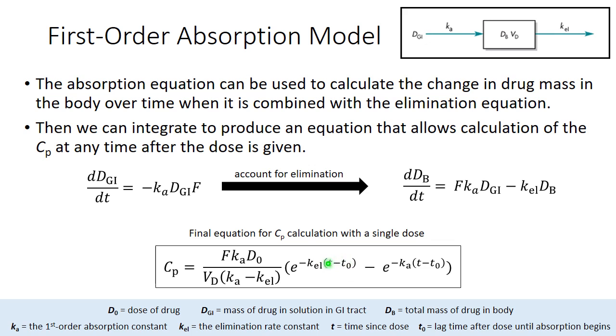That accounts for the lag time, so it doesn't unnecessarily add in the lag time, because the lag time has no absorption. You're subtracting that, because the actual beginning of absorption is after the lag time. I won't read through the whole equation, but what you end up with is a kind of complicated but elegant equation that tells you the plasma concentration at any given time.